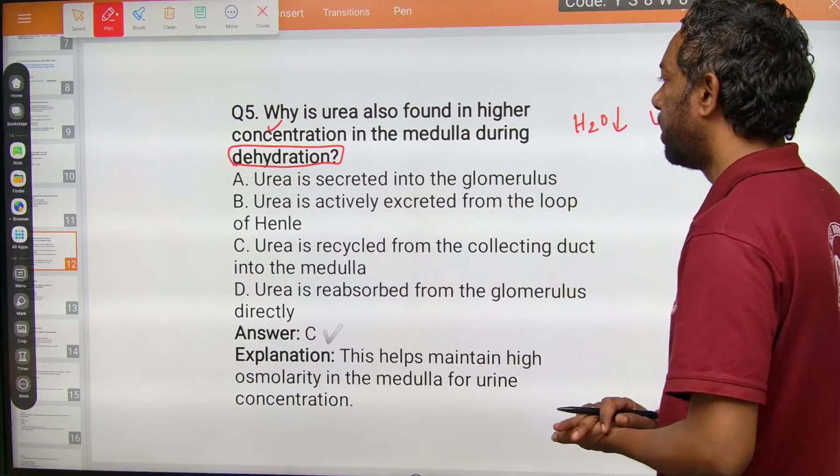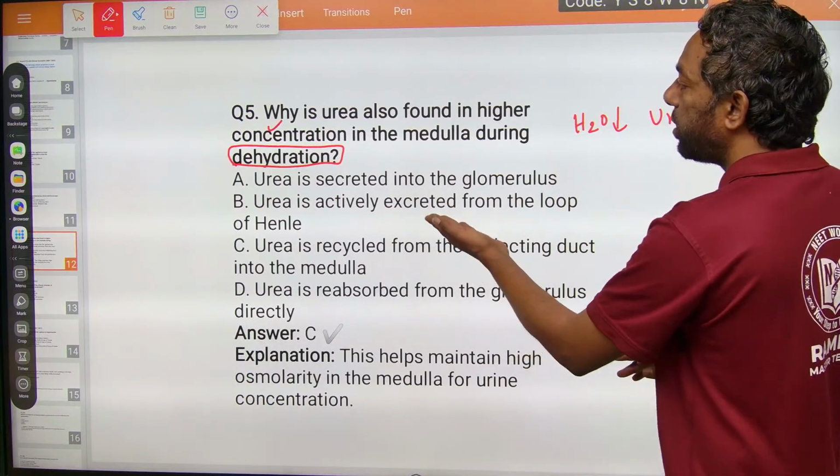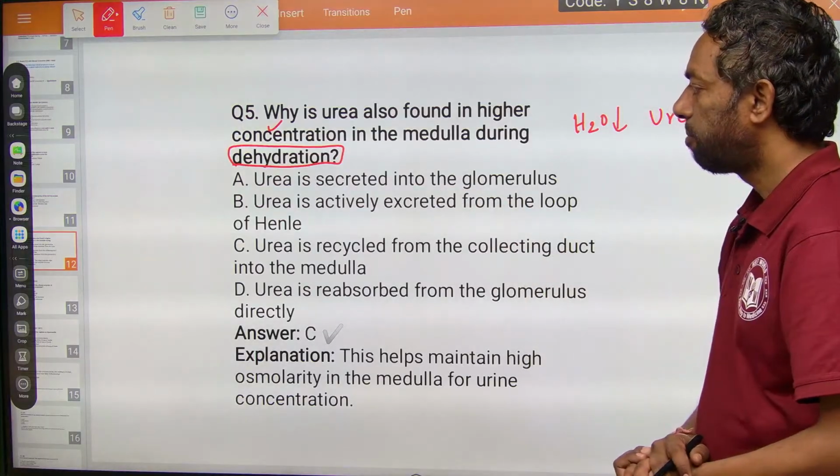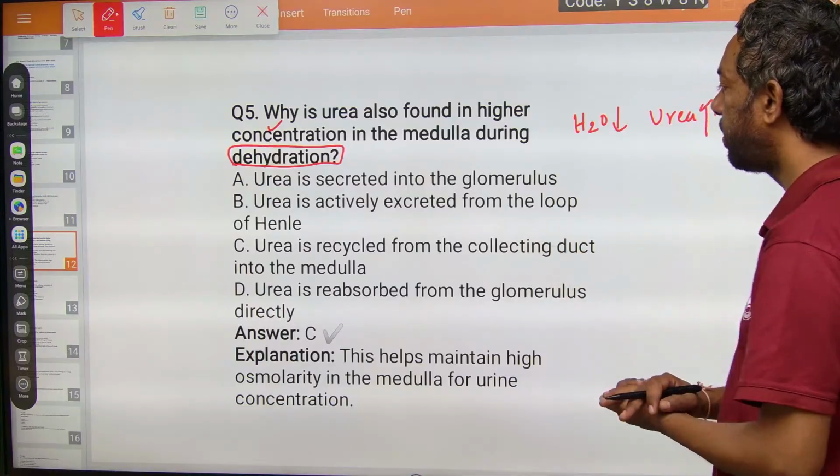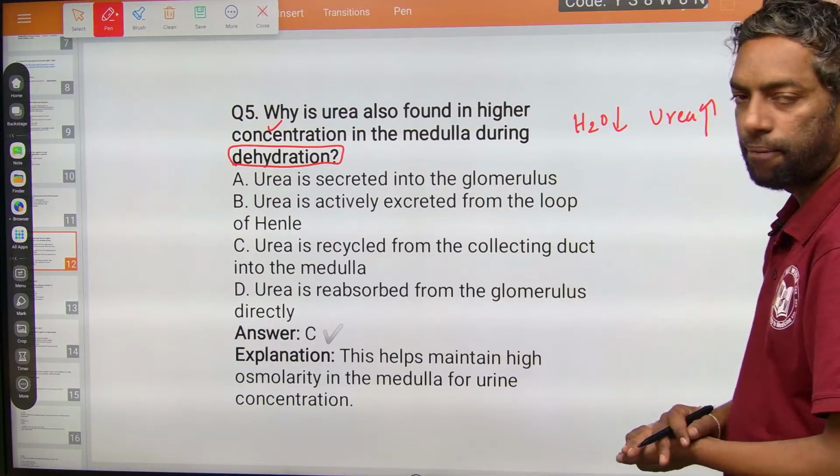Option A, urea is secreted into the glomerulus. Option B, urea is actively excreted from the loop of Henle.